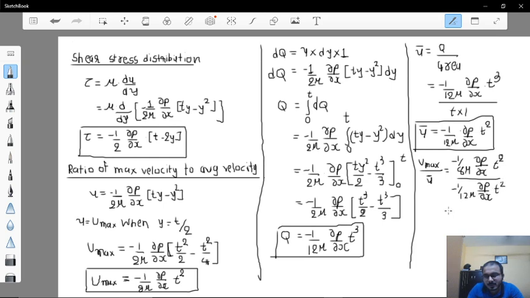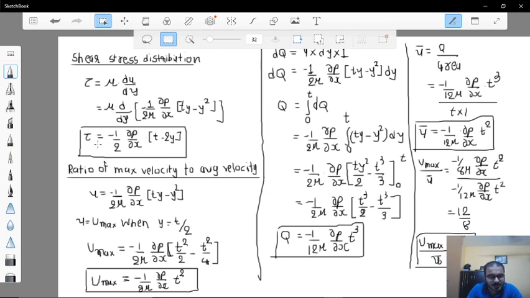So here it will be 12 by 8. So U max upon U bar is equal to 3 upon 2. So let's copy this work into our main slide.